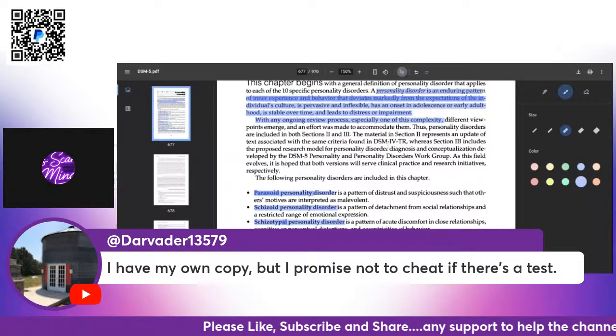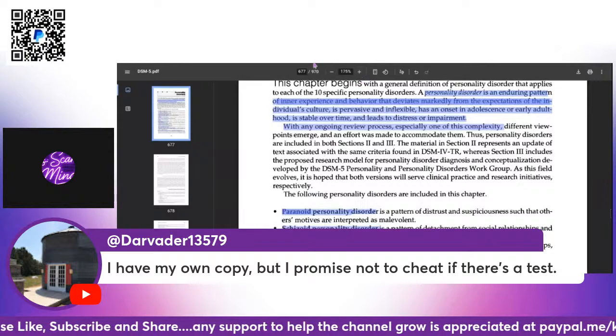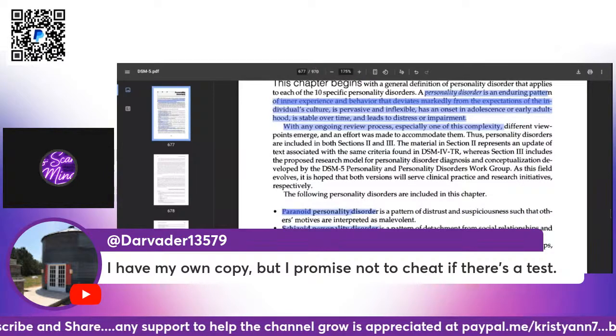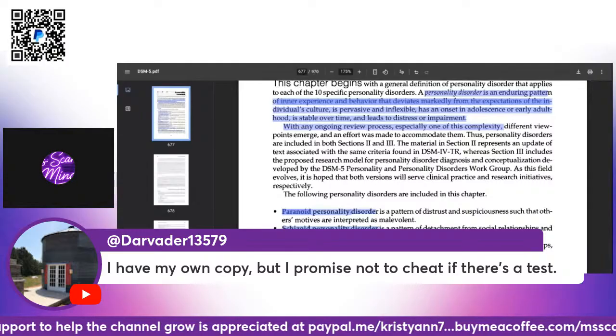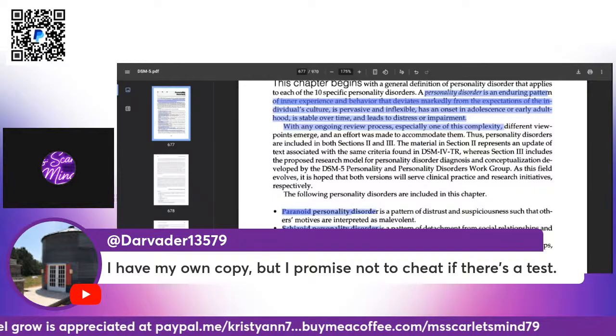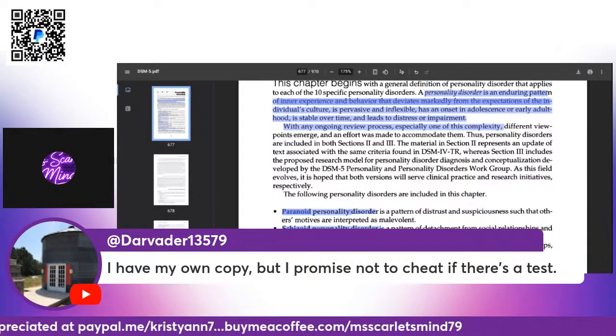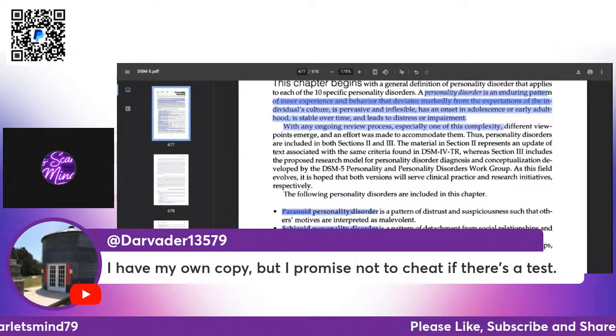So, just so you know, going over that explains what psychologists are looking for when they make a diagnosis of a personality disorder. And one of the biggest things I want to point out in that is that it's pervasive and inflexible, and is stable over time.